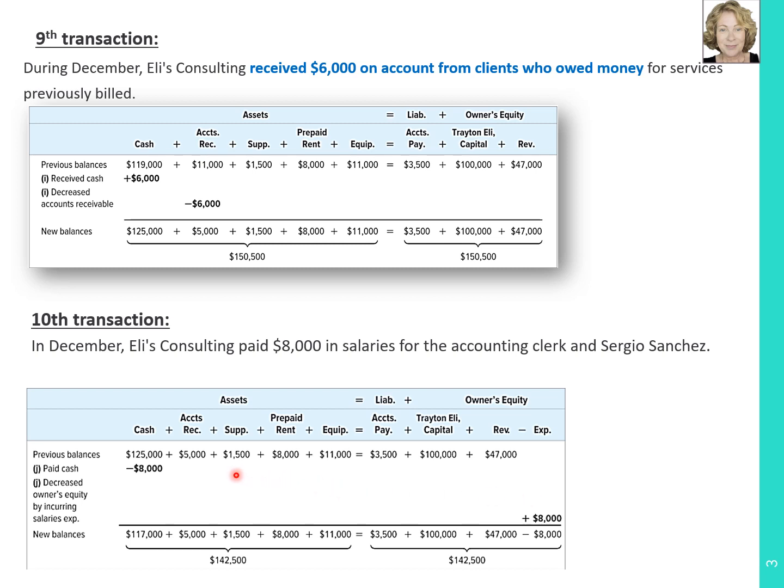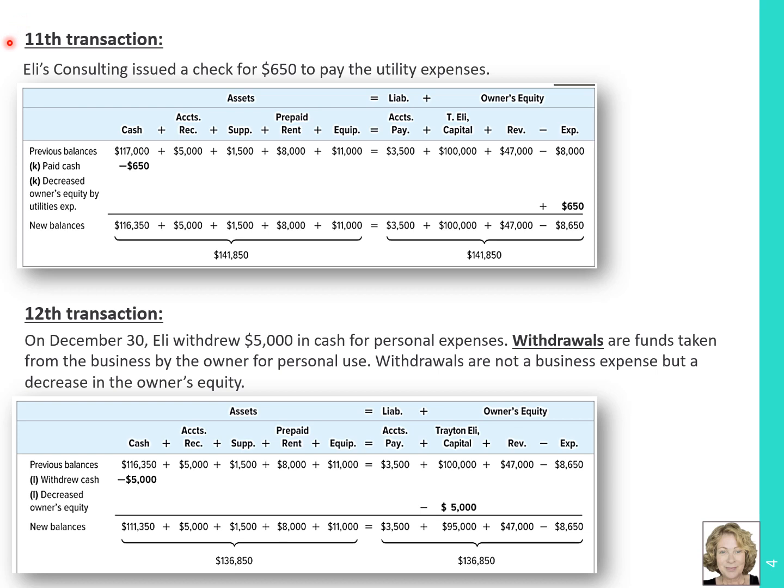So let's write that in the table, minus $8,000 in cash and plus $8,000 for expenses. For our 11th transaction, Eli's Consulting issued a check for $650 to pay the utility expenses. The cash decreased by $650 and expenses increased by $650.